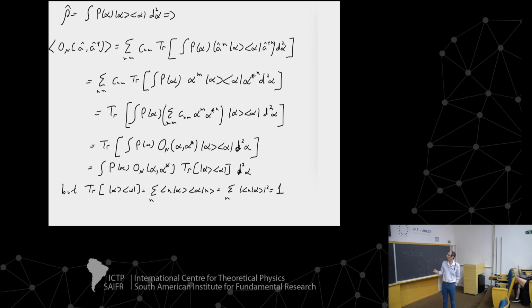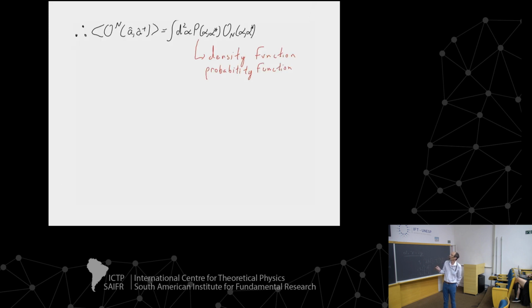And what you'll be playing with now, using the identity, is that your expectation value will be basically the integration over the complex space of a weighting function times your function of alpha and alpha star.